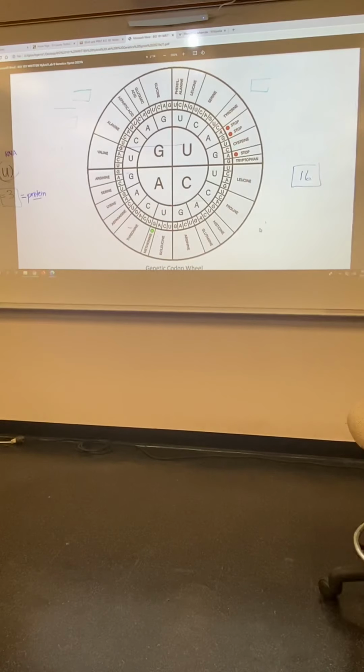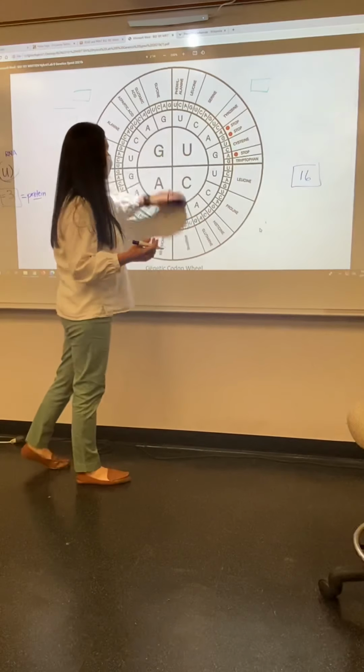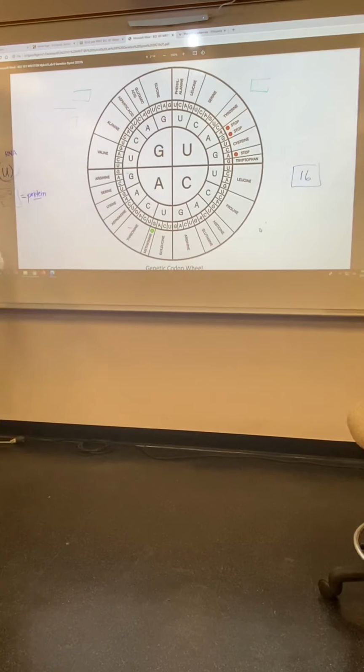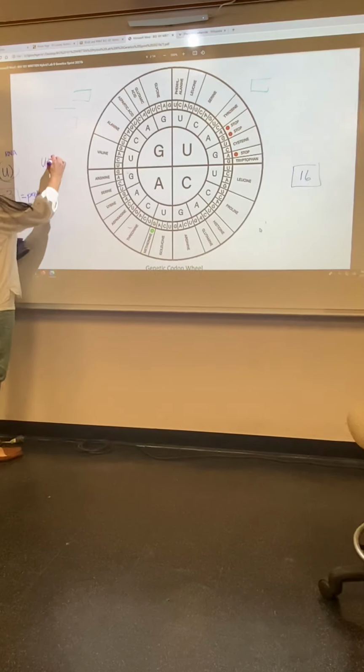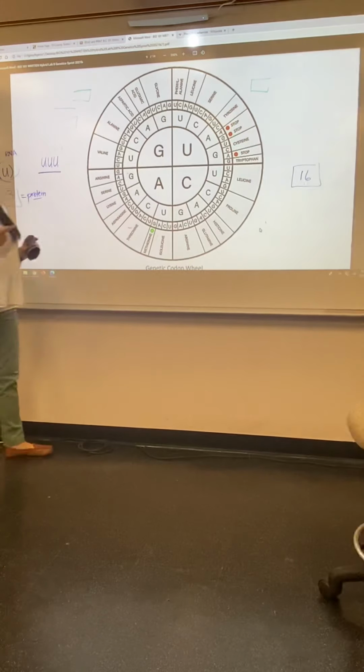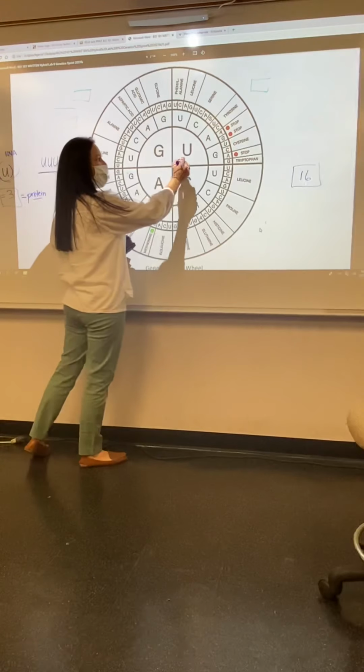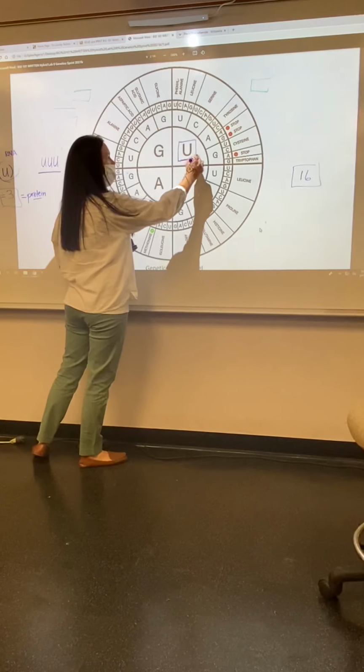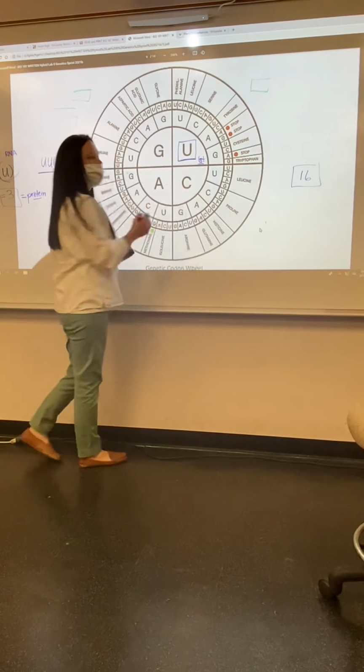This is the chart that you're going to go to. So for instance, if I have U, U, U, U, U, U is my nucleotide. I'm going to work from the inside out. The first letter is going to start at the biggest one.